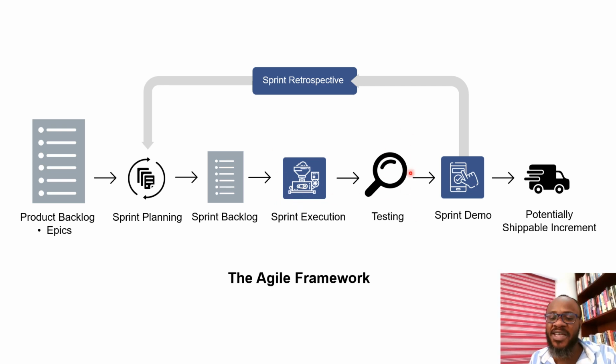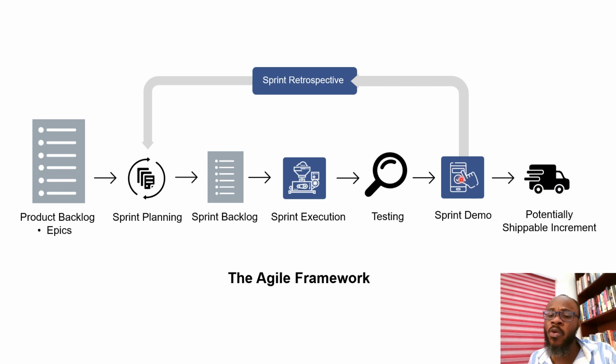And once we have tested to meet the acceptance criteria, we perform a sprint review or demonstration in order to validate the outcome, that feature increment. If it is good, then it's a potentially shippable increment to the client.